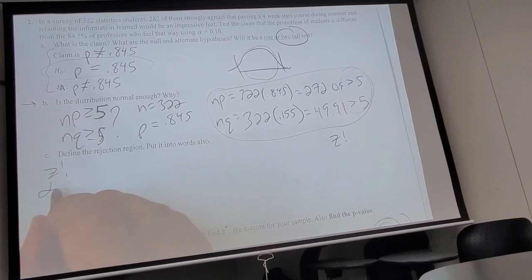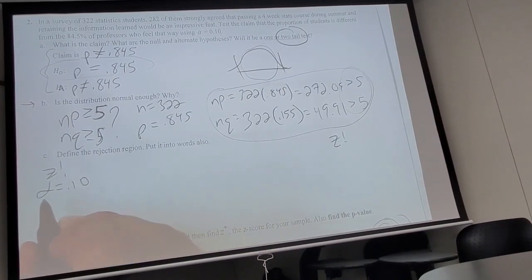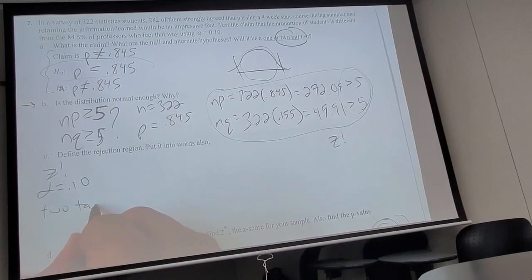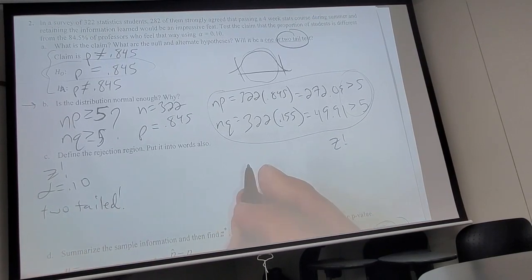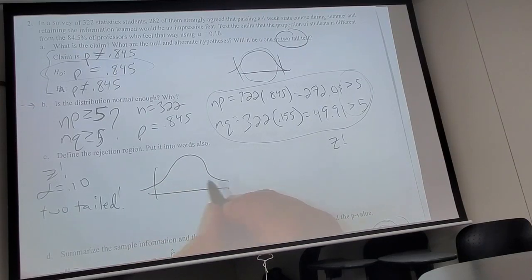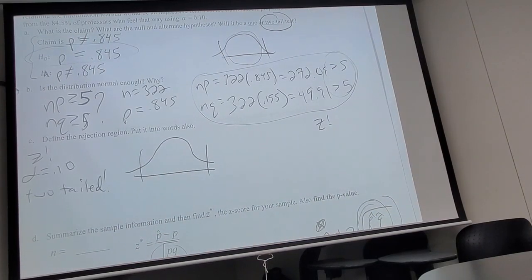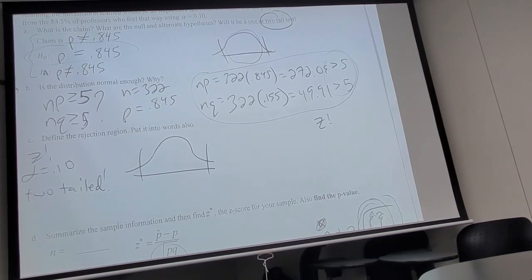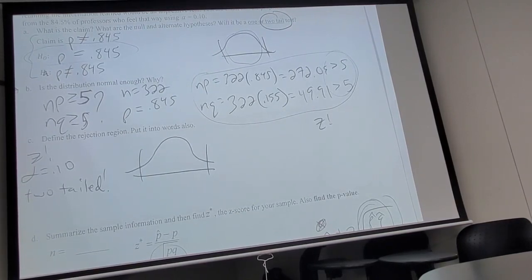Can you guys please look on your t-score chart and tell me what that z-score is going to be? I keep forgetting to bring my t-score charts. 1.6.